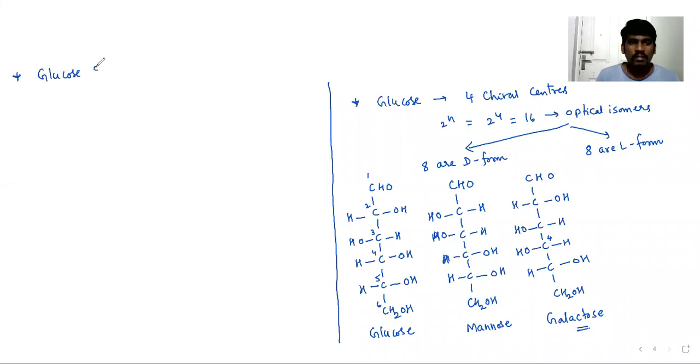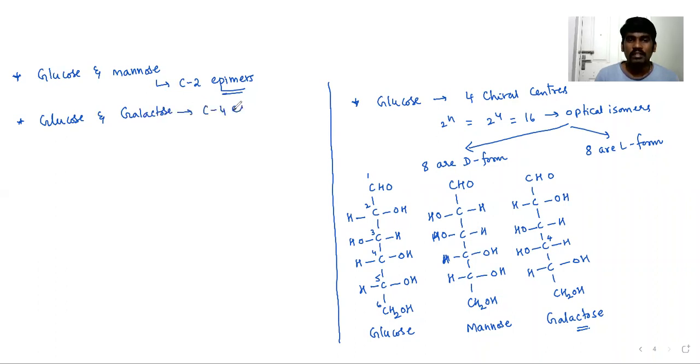If you observe it carefully, a very important point here. Glucose and mannose show difference in configuration at C2. So glucose and mannose are called as C2 epimers. And glucose and galactose, very important points, children, those are C4 epimers.